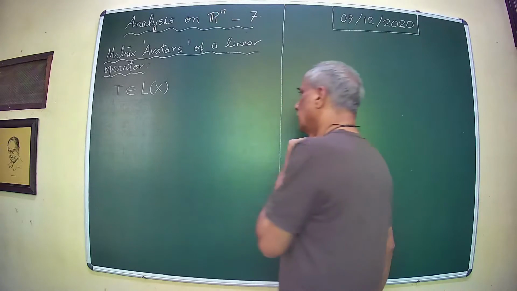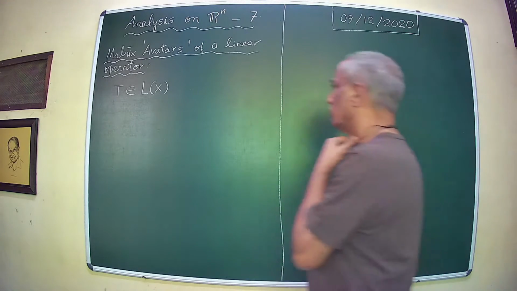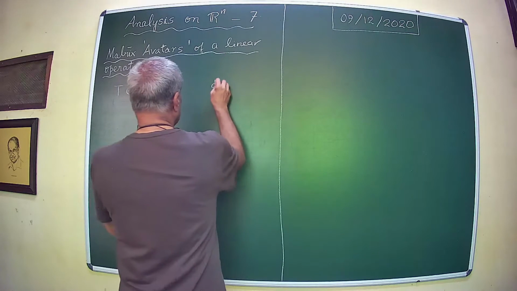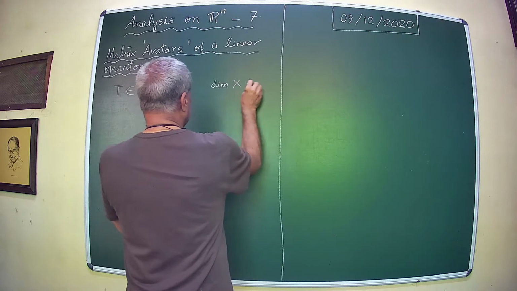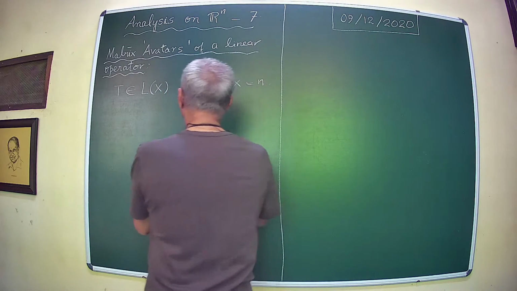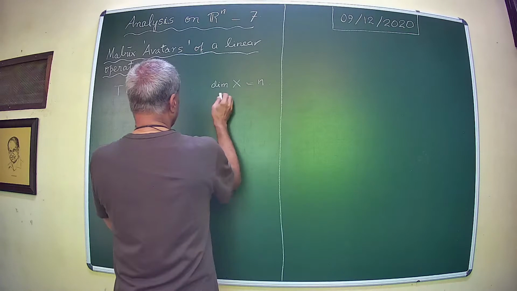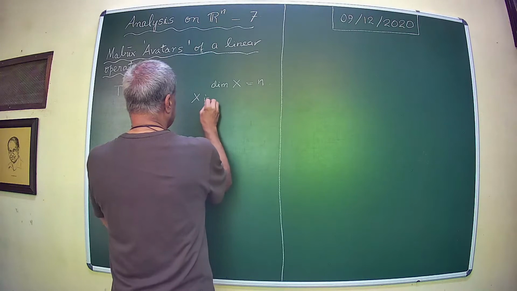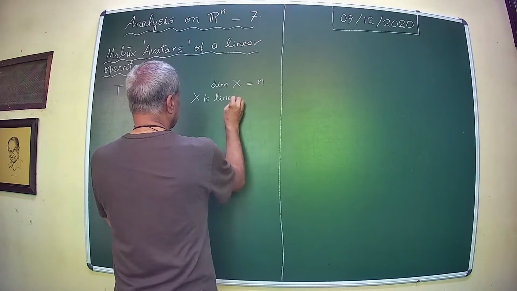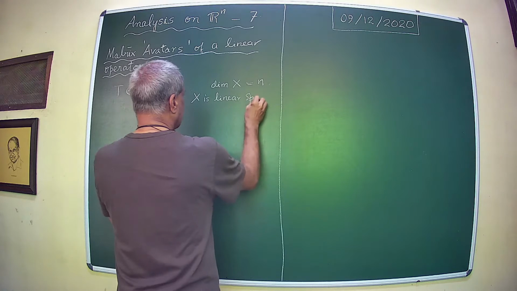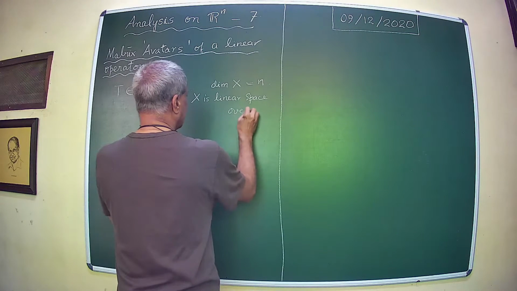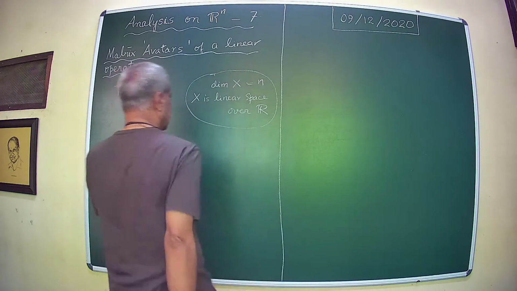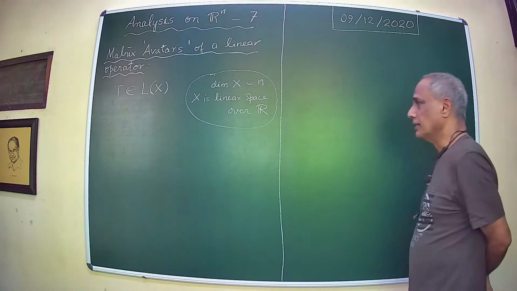So T is a linear transformation on X. I am taking the dimension of X equal to n, and X is a linear space over R. So this is the basic premise that I take upon. Okay.